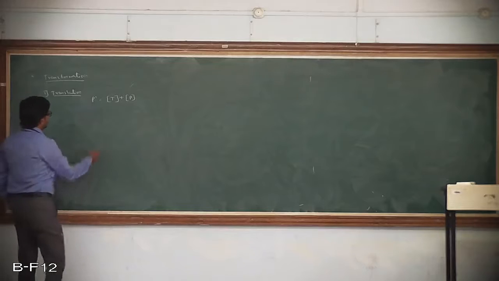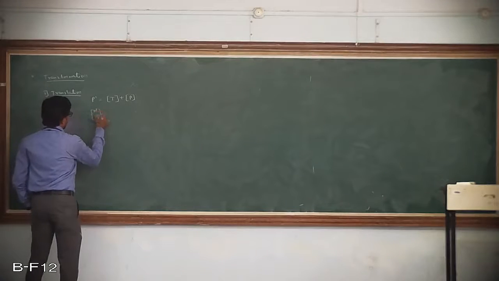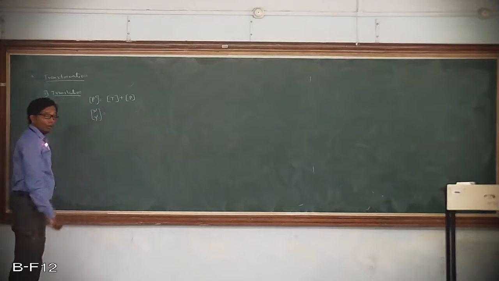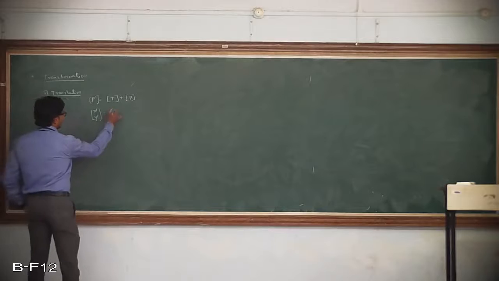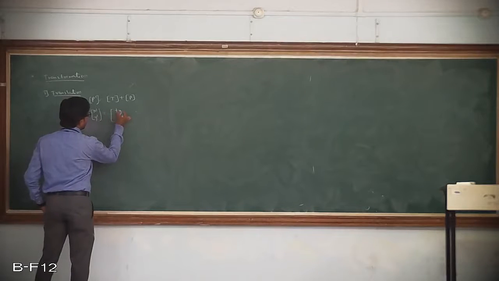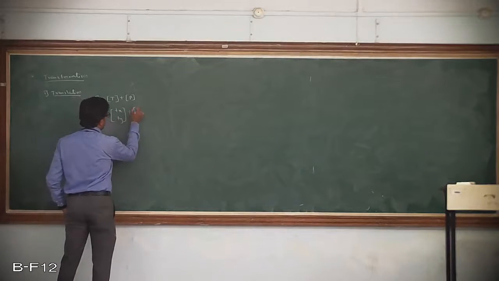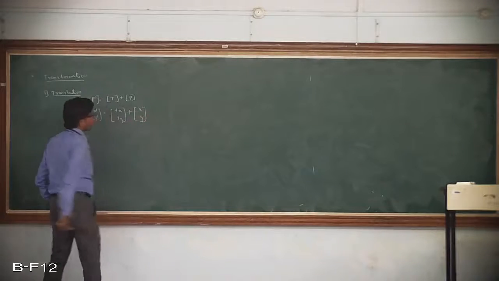What does it mean? It is x dash, y dash, where I need to know the value of the final coordinates. These are the translation matrix Tx, Ty plus our original coordinates.